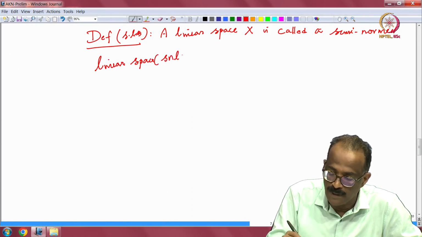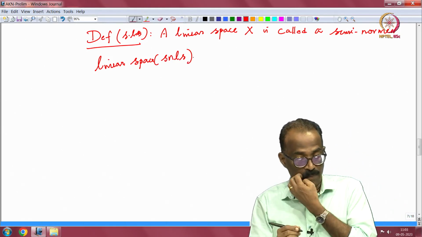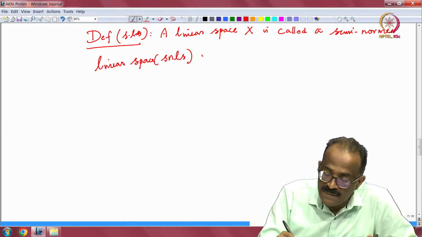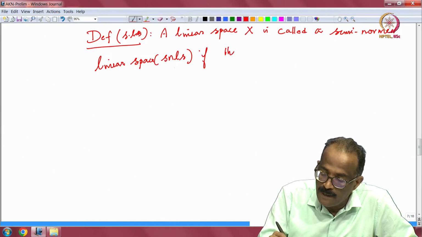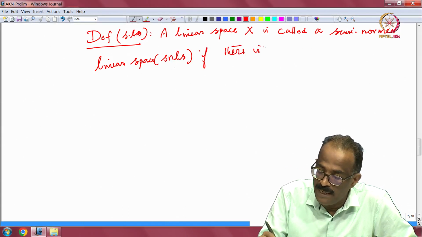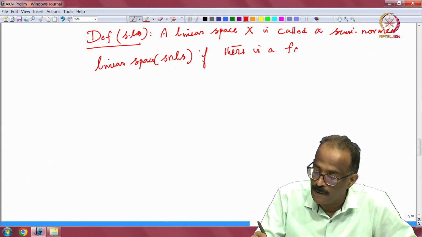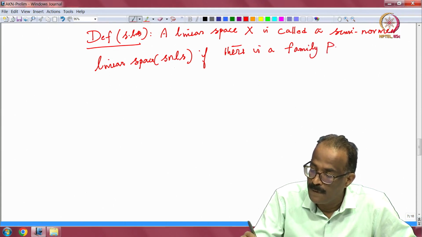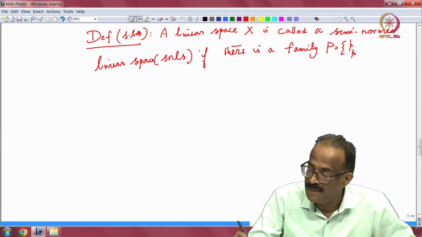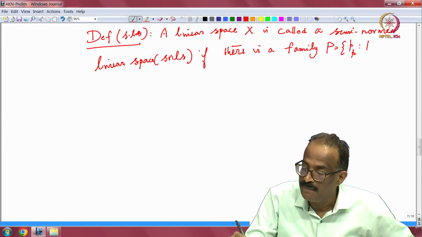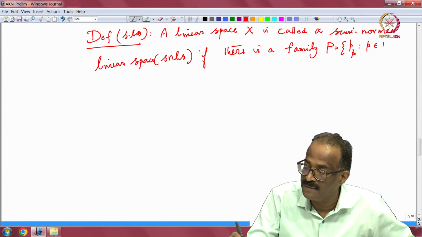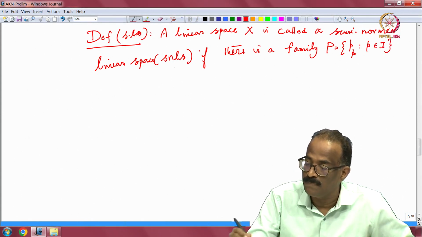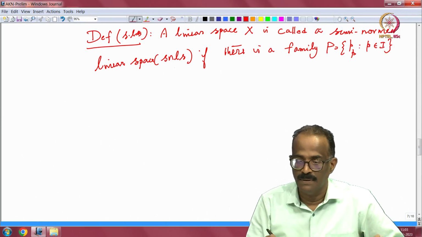Seminormed linear space, if there is a family P of seminorms, not just one, with an index set I. The index set can be singleton, countable or uncountable.